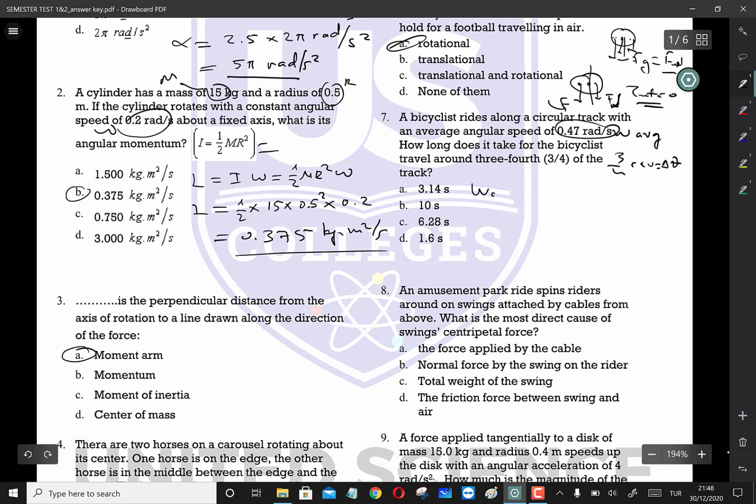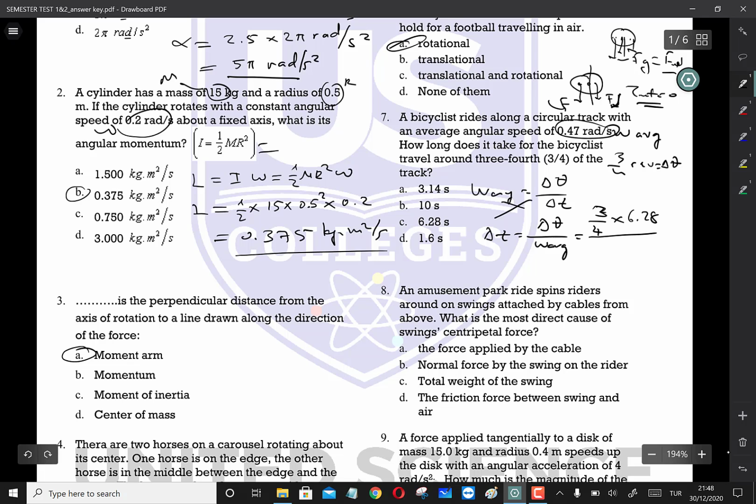We know that average angular speed can be calculated by delta theta over delta t. The question is about delta t, so delta t is equal to delta theta over omega average. Delta theta is 3 over 4, but this is in revolutions. Every revolution is 6.28 radian.